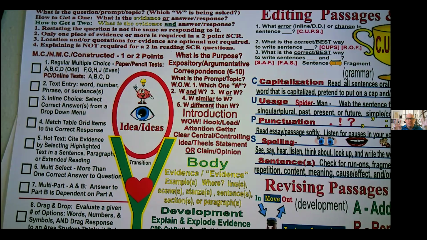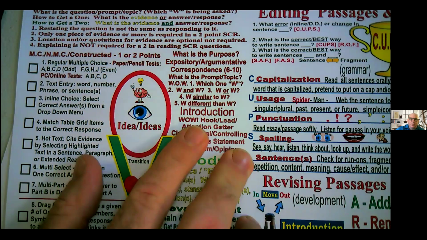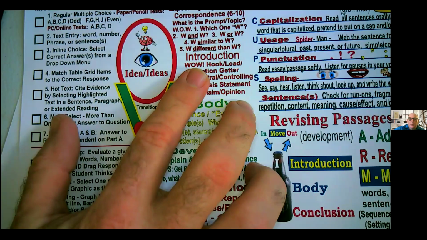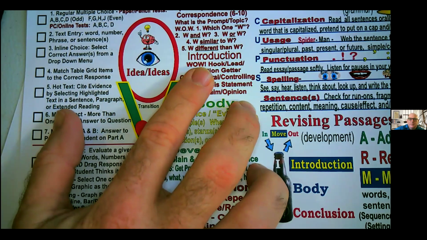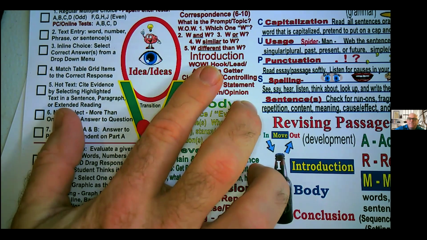Are they comparing two W's in a passage or in two passages? How is this who, what, when, where, why similar to this other who, what, when, where? That's number four. And number five, how is this who, what, when, where, why different than the other two? And so then when we get to the introduction, what's your wow? If you want to wow the reader, you can do that because it says for introductions, okay, they're effective.